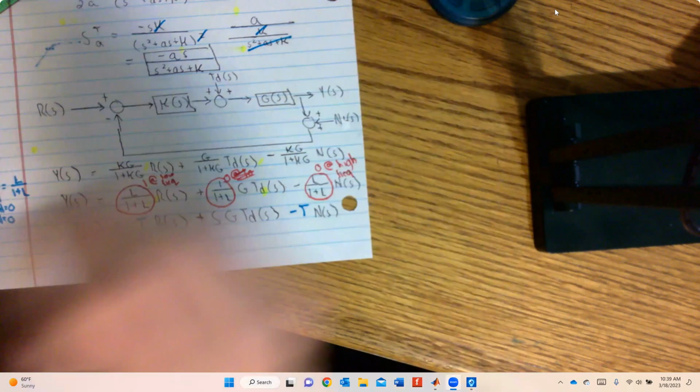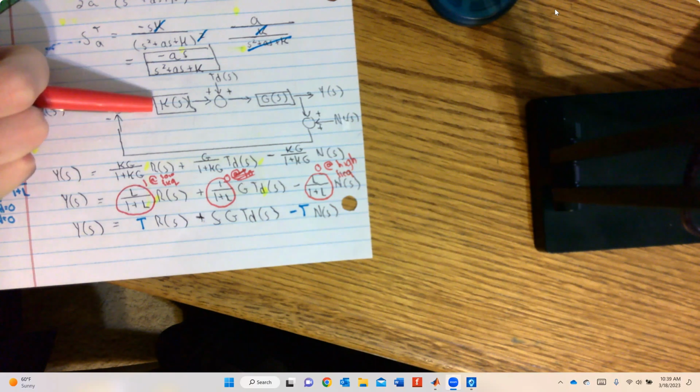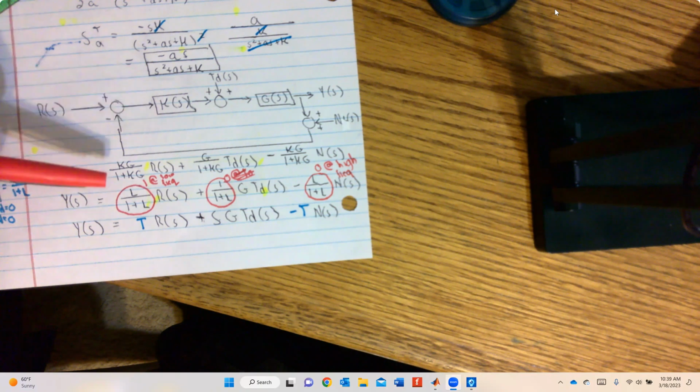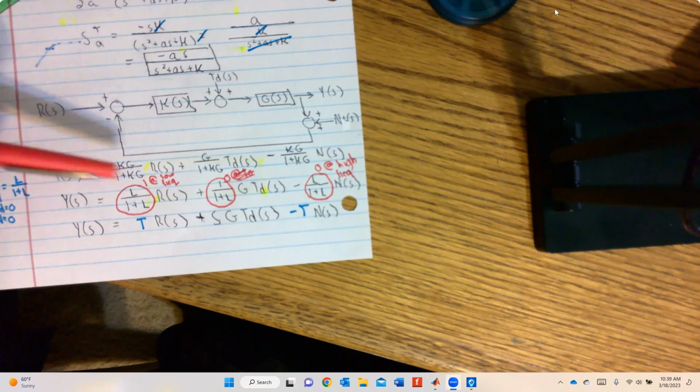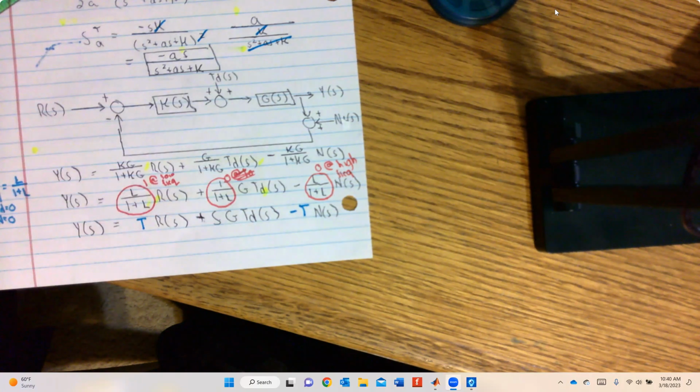So we want to try and eliminate it. So we want to design our controller so that it follows our input, rejects the disturbance, and reduces the noise. And so that's what we're going to do in order to try and get our result.